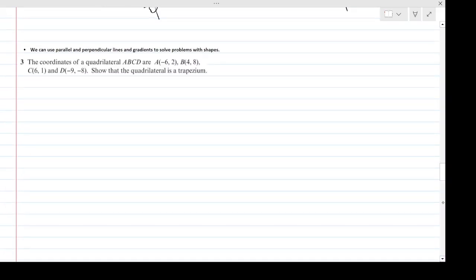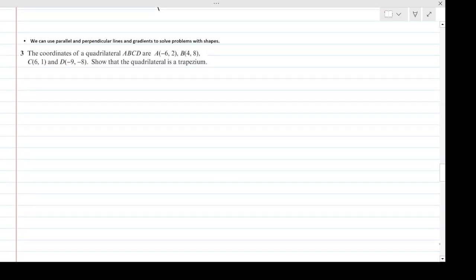Okay, and it turns out that because parallel lines never meet and perpendicular lines meet at right angles, it allows us to solve problems with 2D shapes, right? Because a lot of shapes have parallel lines.